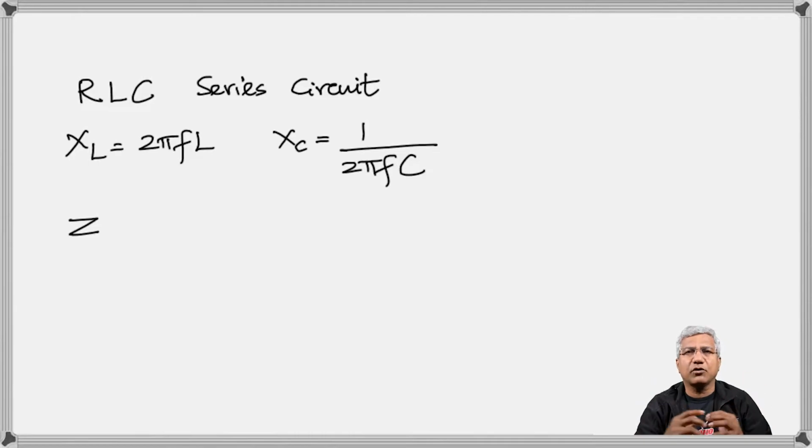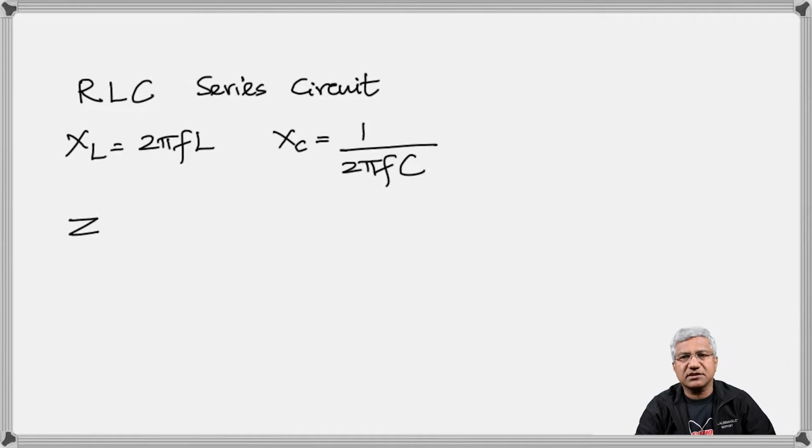So if you have all these three components, inductance, capacitance, and resistance connected in series, then you call it an RLC series circuit. And the total impedance, okay, what is impedance is just the sum total of the reactances and the resistance.